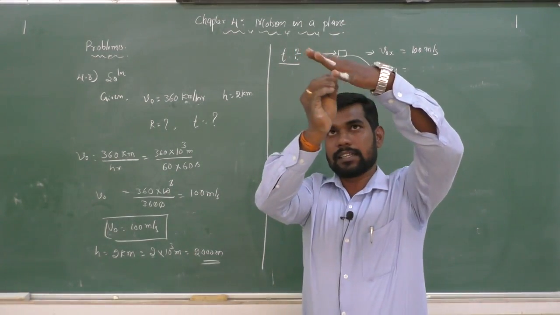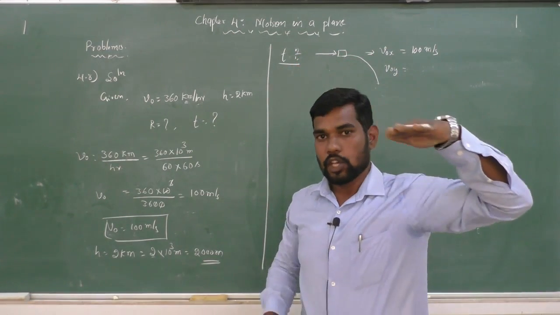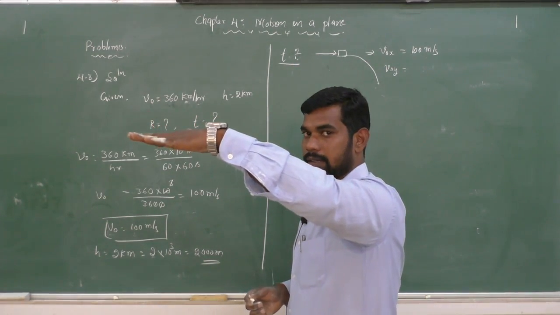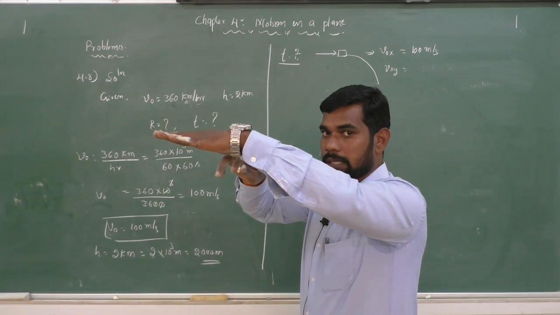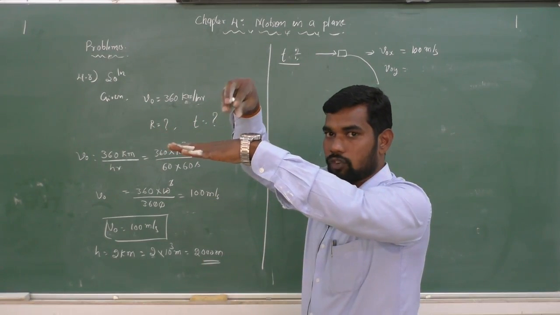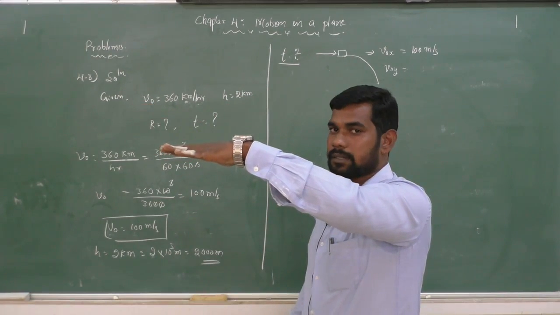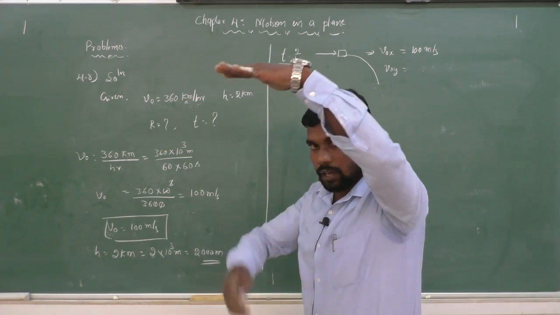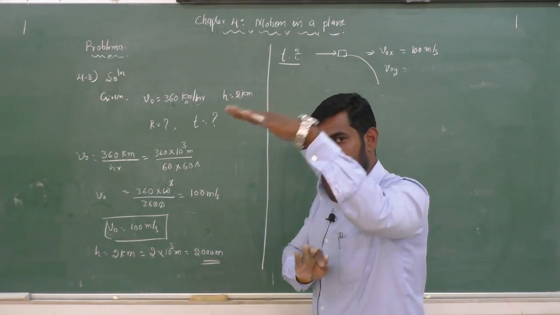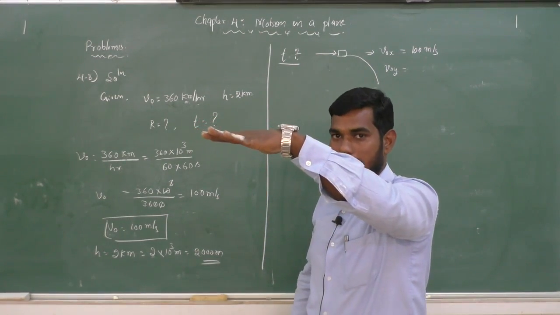At the instant of dropping, is it moving in the vertical direction? Definitely not, because the aeroplane is moving along the horizontal direction, with 100 meter per second horizontal velocity. The food pack inside the aeroplane will also have 100 meter per second horizontal velocity. But the aeroplane is not moving in the vertical y direction at the instant of dropping the food bag.